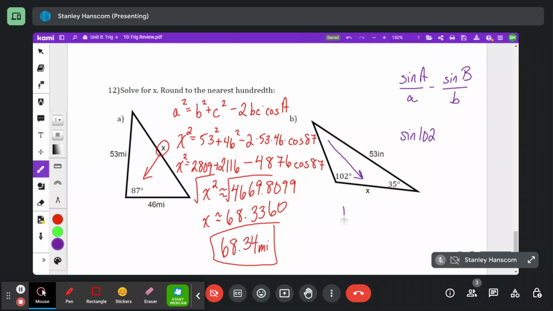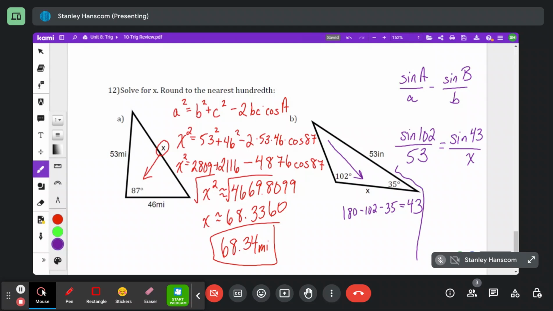So I have to do 180 take away these other angles to figure out that 43 degrees is my remaining angle. So I will use the sine of 43. The sine of 102 pairs with 53. The sine of 43 is what pairs with x. And now I can keep solving this.